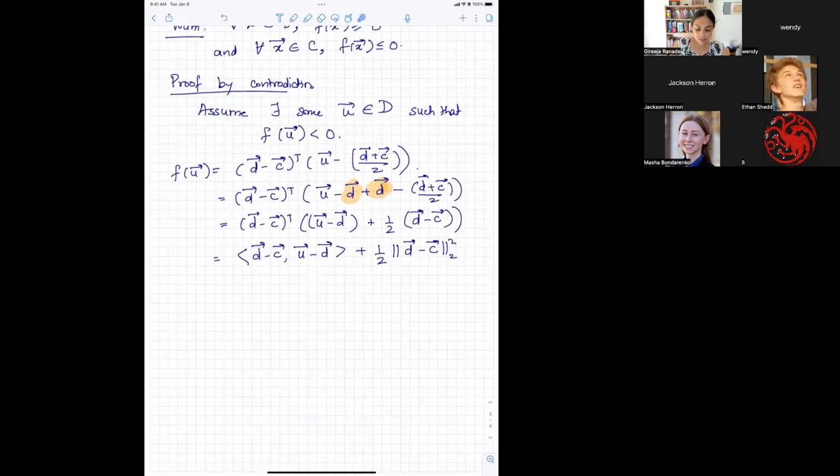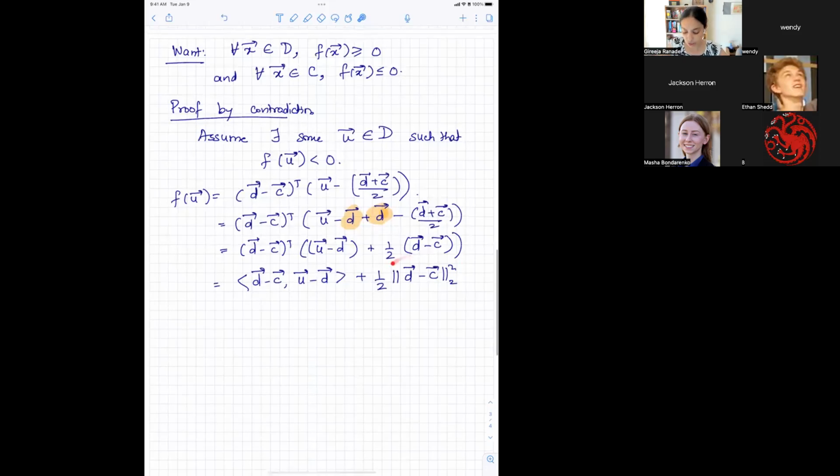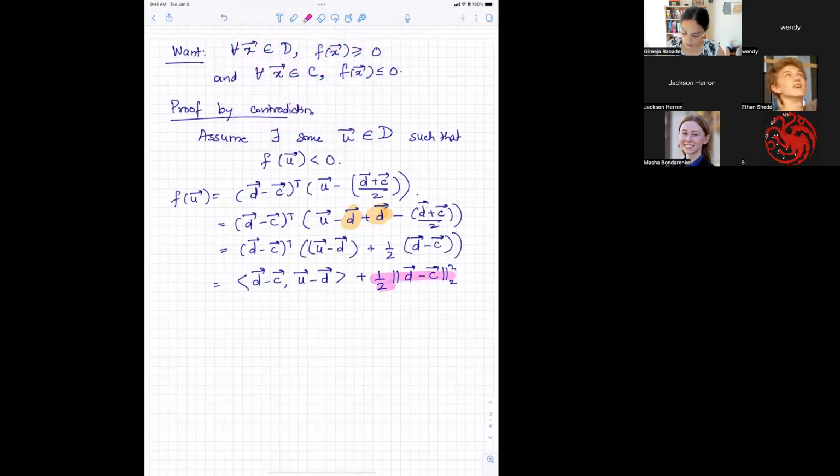So I'm trying to figure out whether f of u is positive or negative, and I'm assuming that it's negative. And so what I've done by this reformulation is I've pulled out a part of this that is always non-negative. We know that this term is always going to be greater than or equal to 0, right?